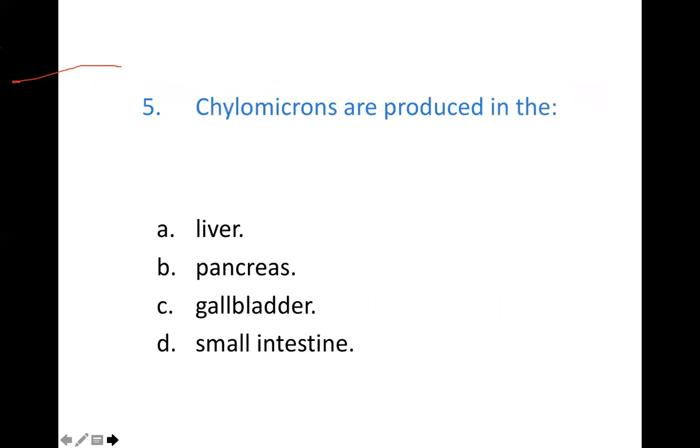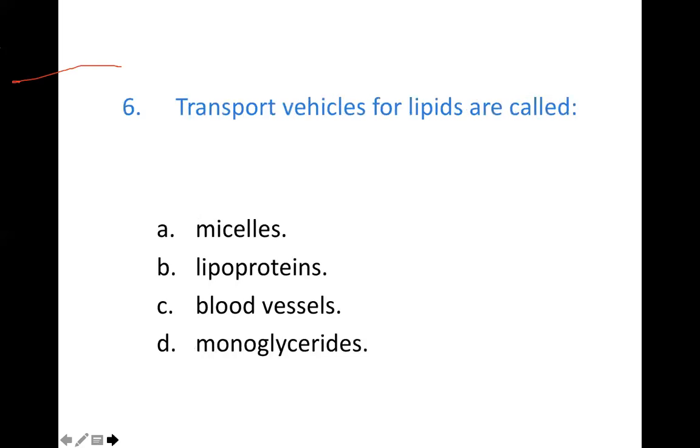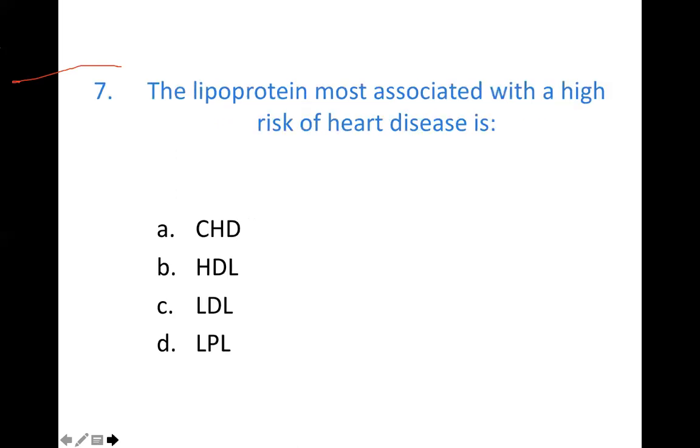Chylomicrons are produced in the small intestine. Transport vehicles for lipids are called lipoproteins. The lipoprotein most associated with a high risk of heart disease is LDL.